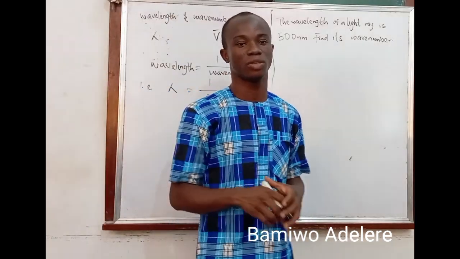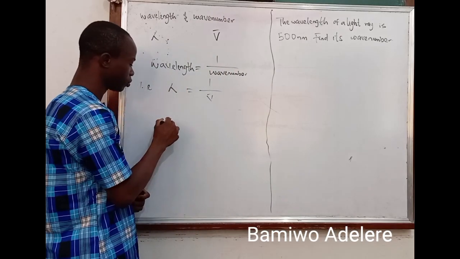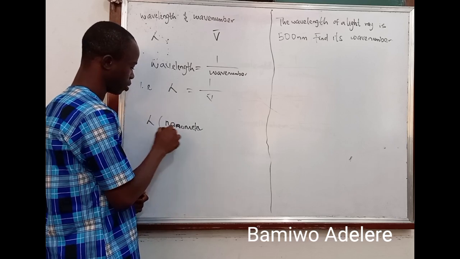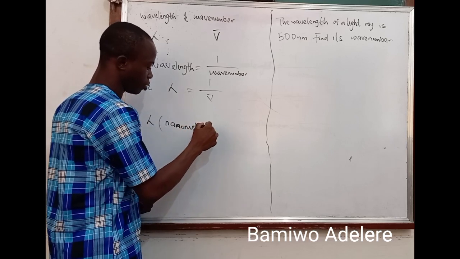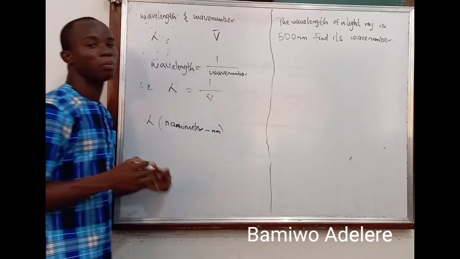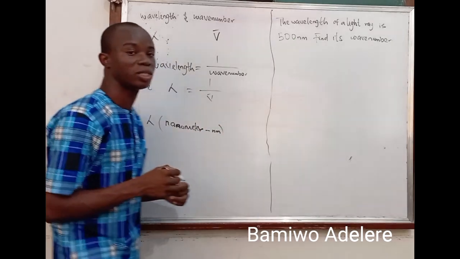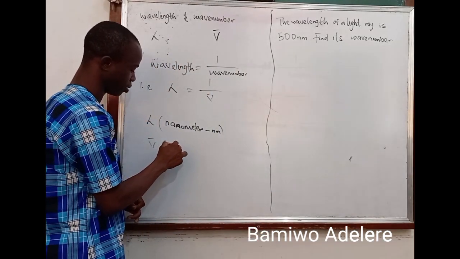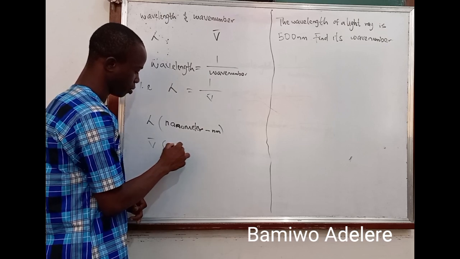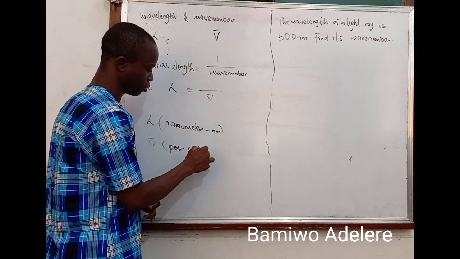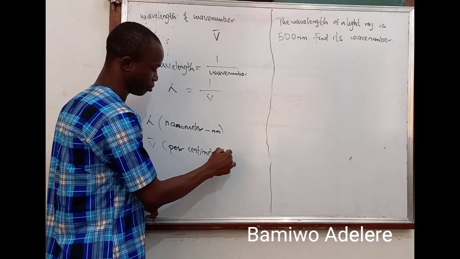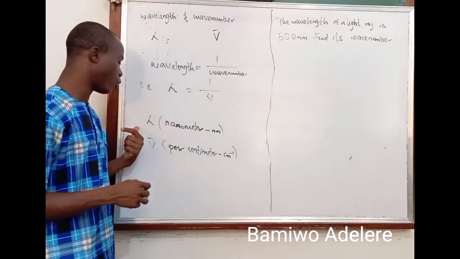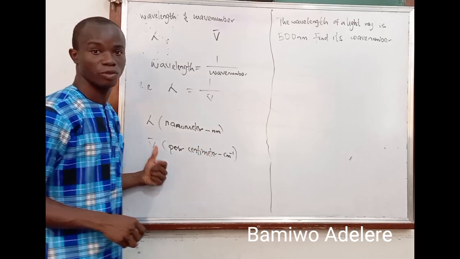Most times you see your wavelength given in nanometer, but wave number is usually given in per centimeter. So this is the unit for wavelength and this is the unit for wave number.